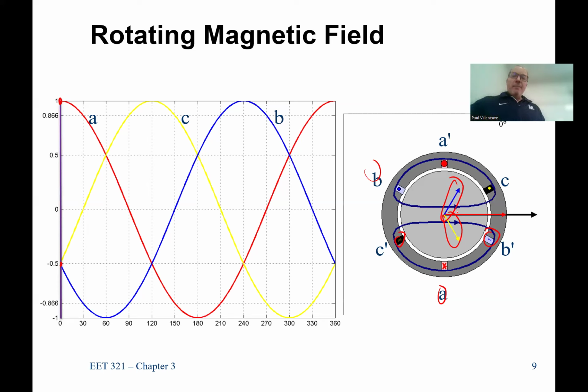But it's always going to be orthogonal to this one. So the red line is either going to go to the right or to the left. It's never going to go up or down unless you switch where current goes in. Same thing for C, and the same thing for B.